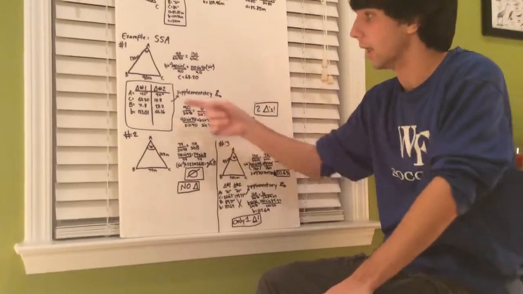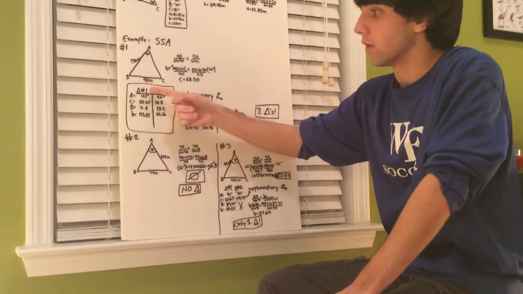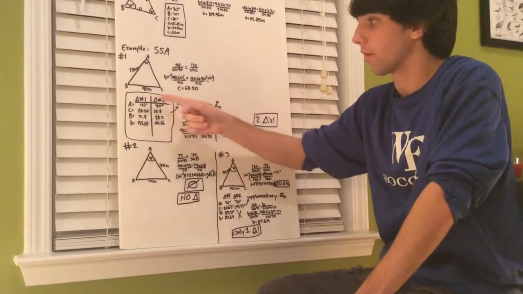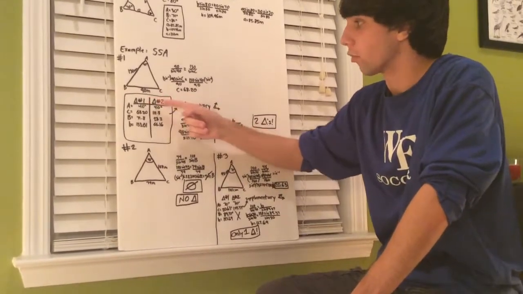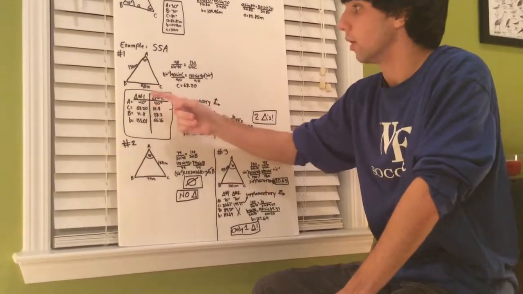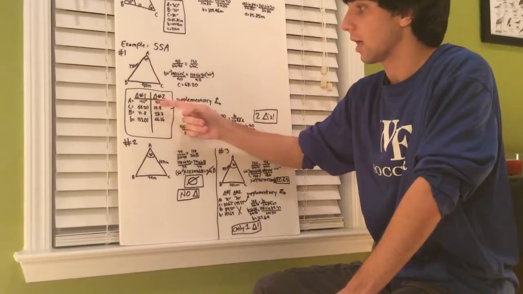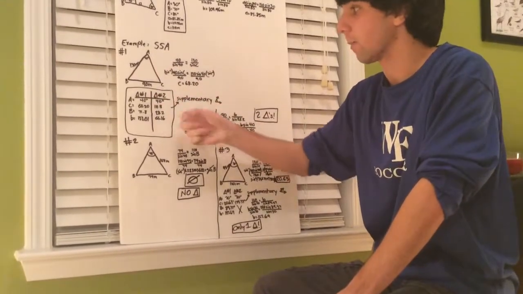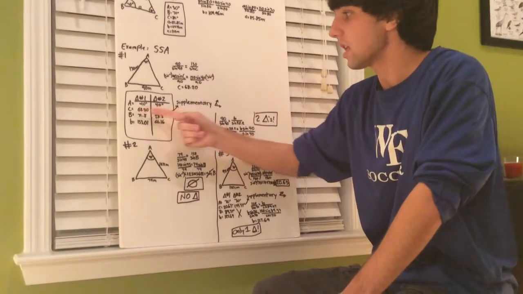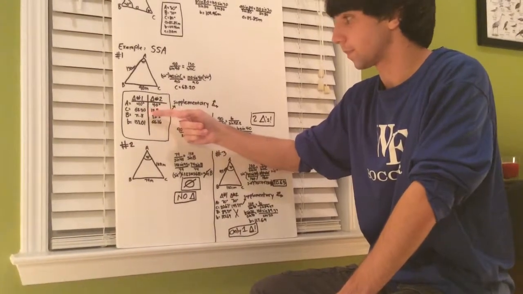And here's the tricky part. It is possible that you can have two triangles, so you're almost always going to have to set up a chart here. Triangle number 1 and triangle number 2. Because we already have capital A, it's always going to remain as 40. What you just got as C is 68.20.